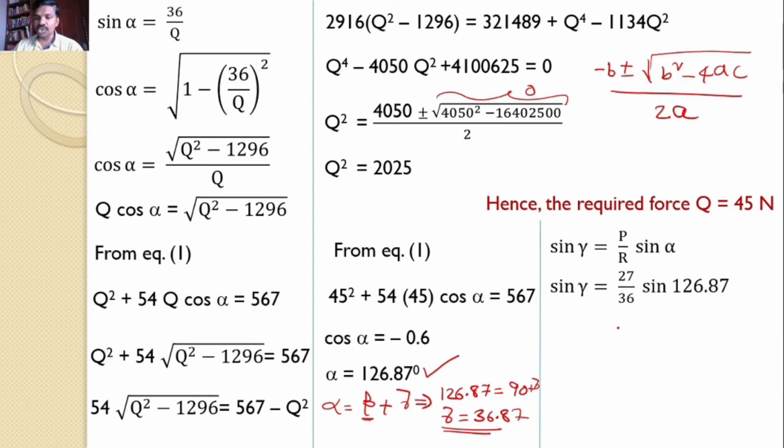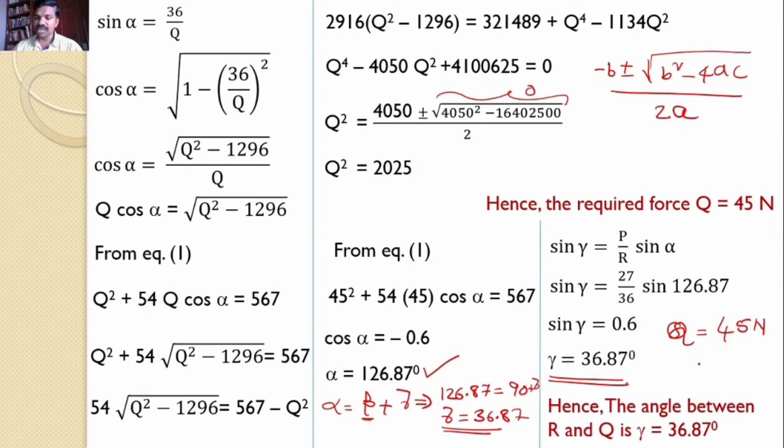Upon substituting those values, I will get sine gamma is equal to 0.6, or gamma is equal to 36.87 degrees. Hence, the final answers you can say: the Q value is equal to 45 newtons and gamma value is equal to 36.87 degrees.